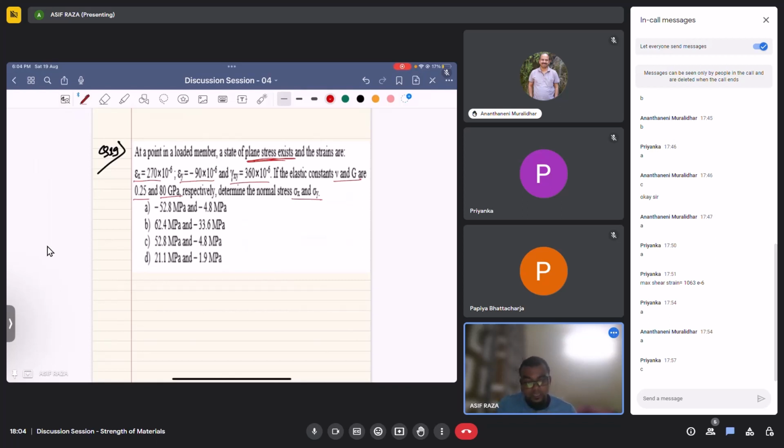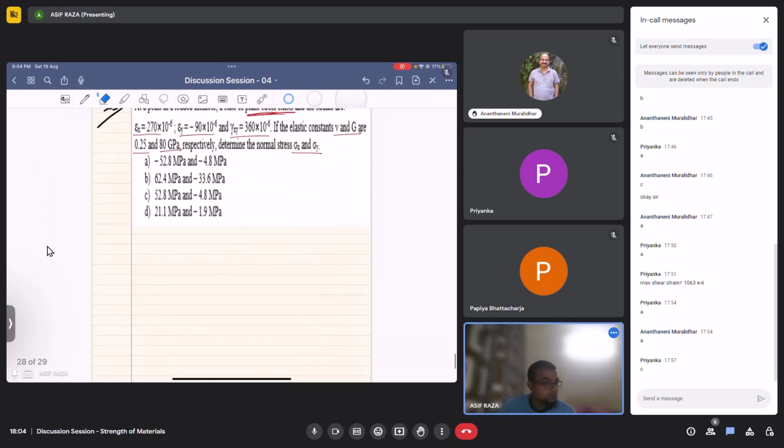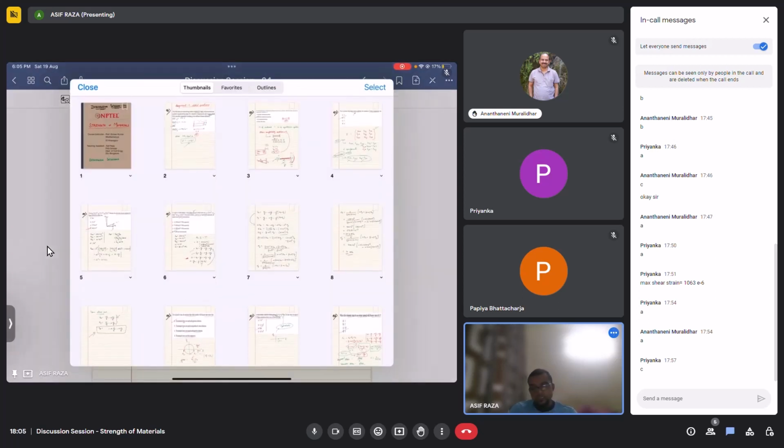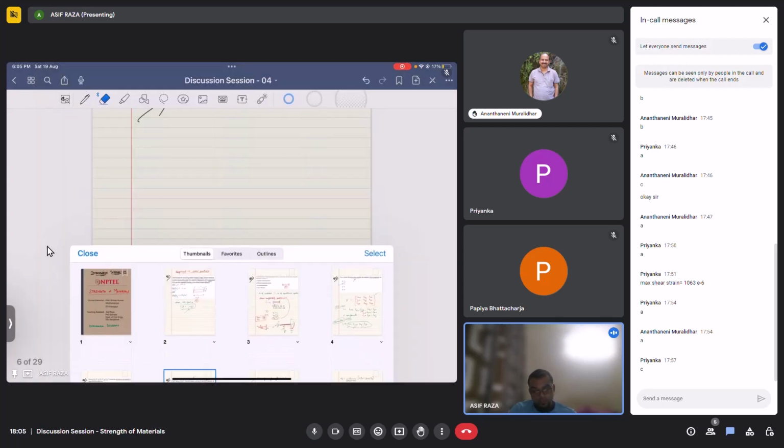So initially we solved for the plane strain case, if you remember. This time it's a plane stress case. I'll leave this question to you all, because we already know how to approach this question, right?